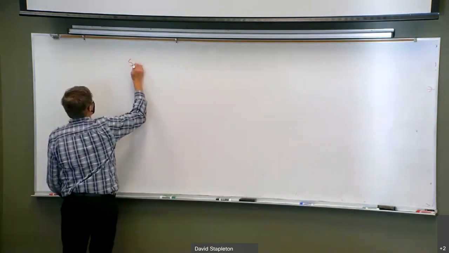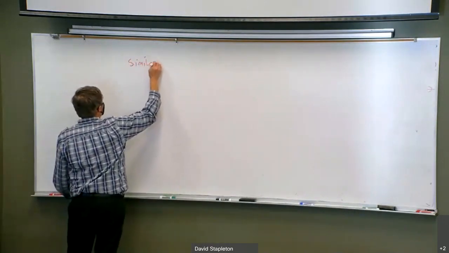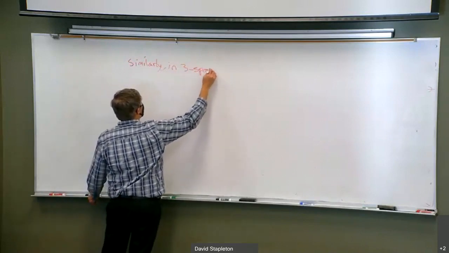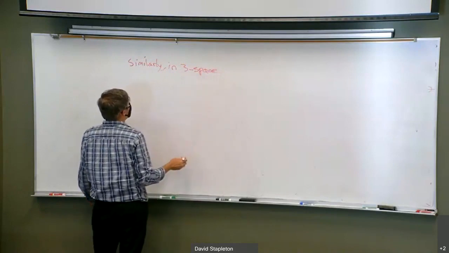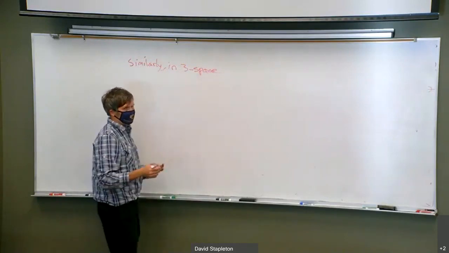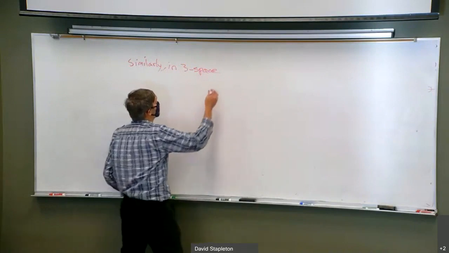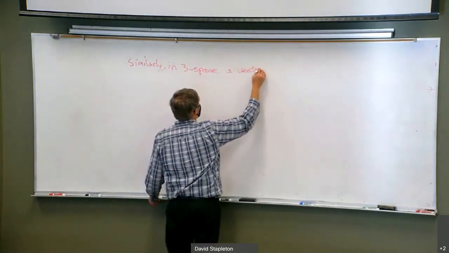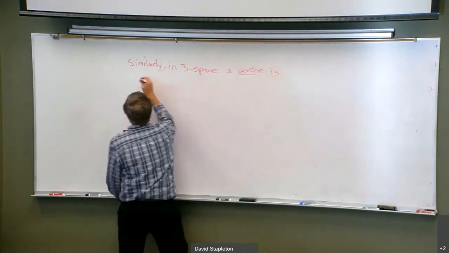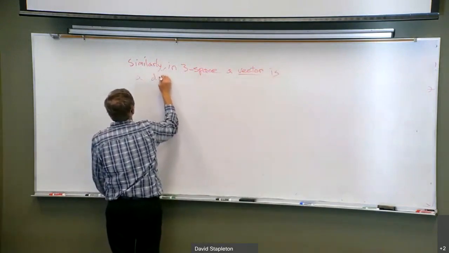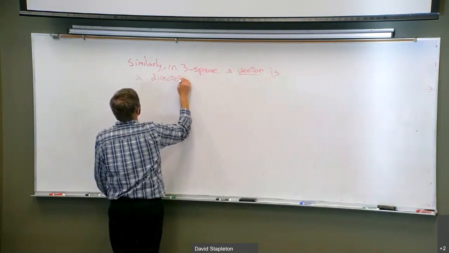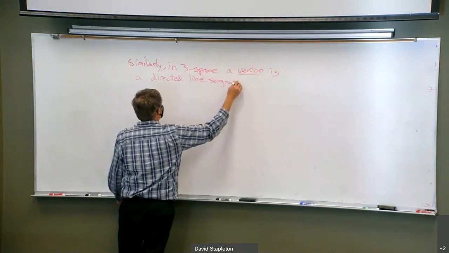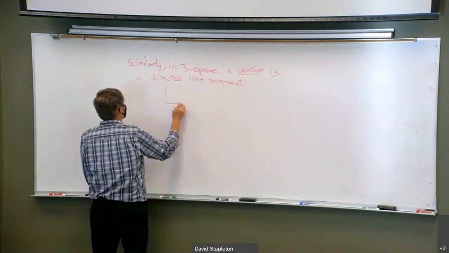Similarly, in 3 space, a vector is a directed line segment in 3 space. It's just harder to draw, right?